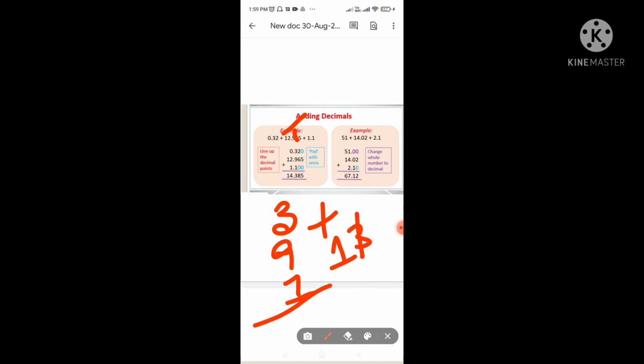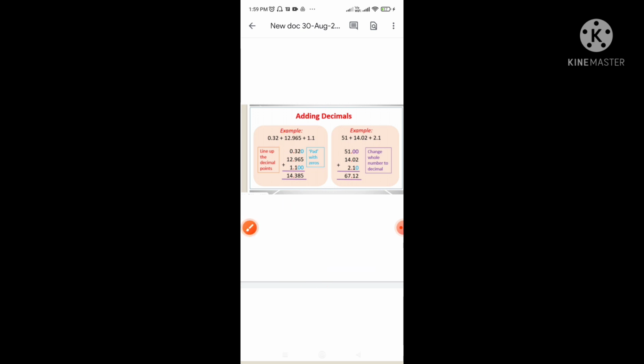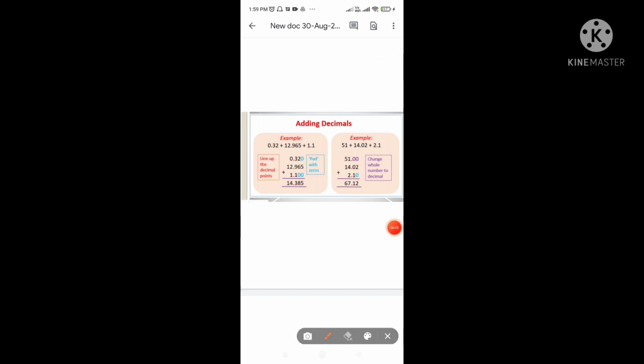So I write 3 under the tenths and carry over 1 to the ones place. Now I carry over 1, you come to the ones place. There is the carried 1, then 0, then 2 and 1 more 1.